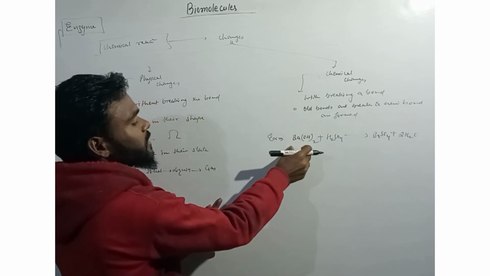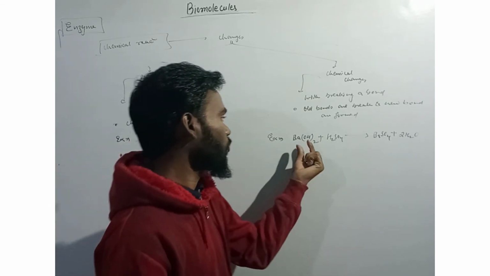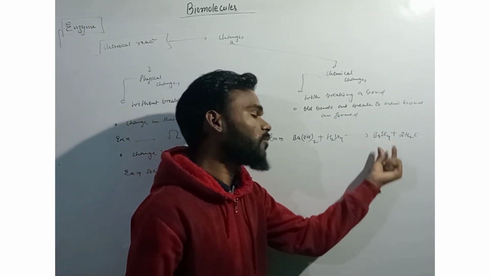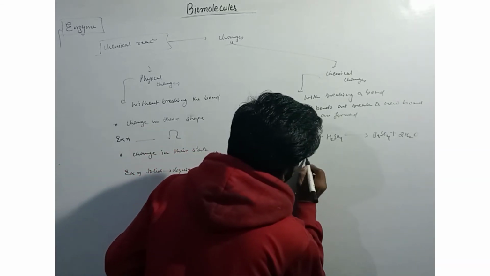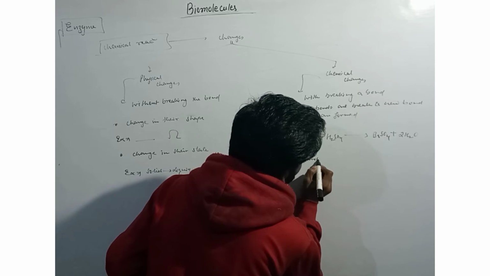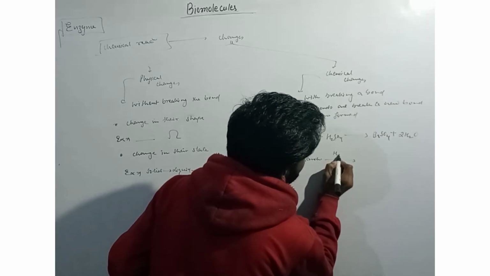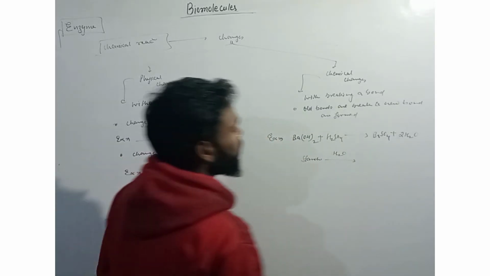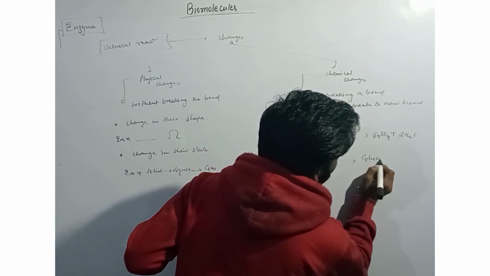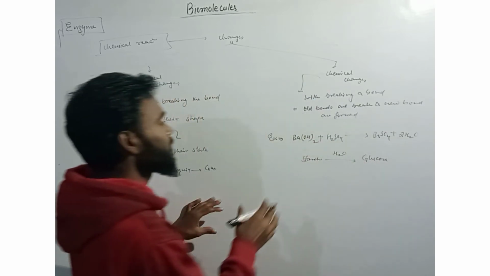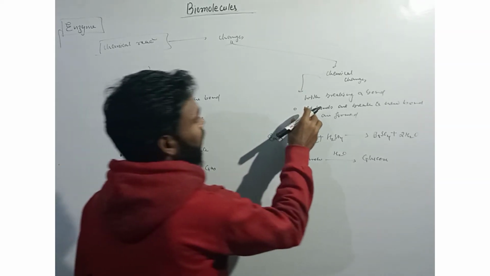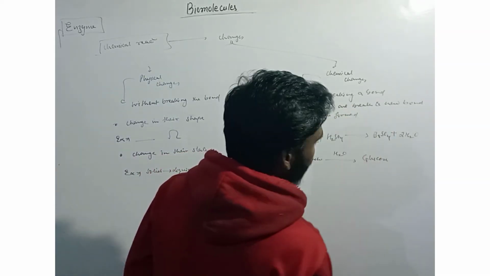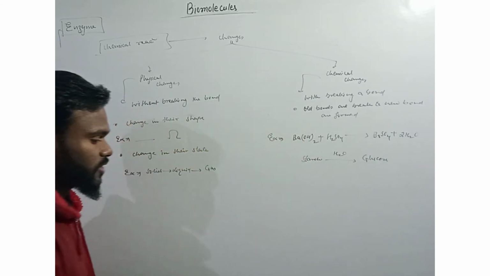All the bonds of barium hydroxide are broken and new bonds are formed in barium sulfate. In the same fashion, starch hydrolysis takes place in the presence of water and forms glucose. This is a chemical reaction in which old bonds are broken and new bonds are formed. Now let's proceed further.